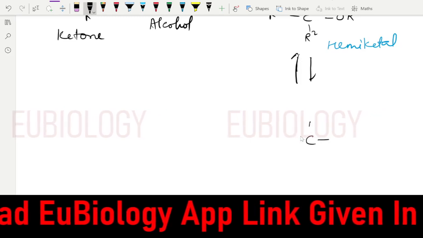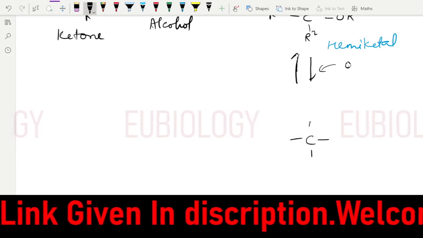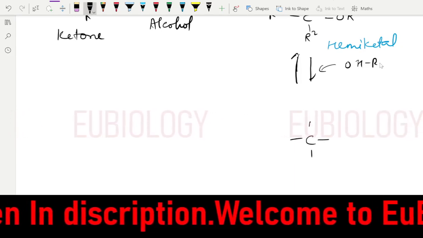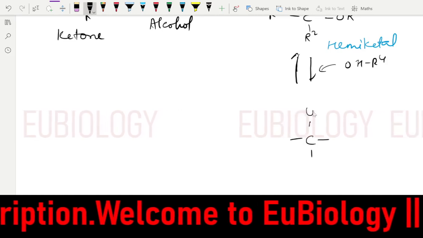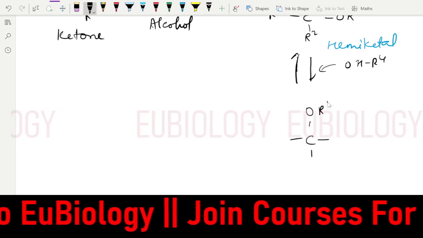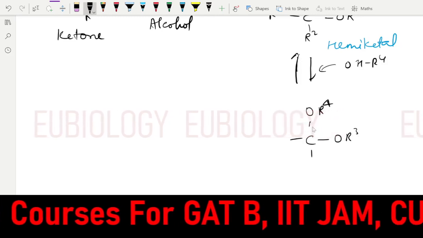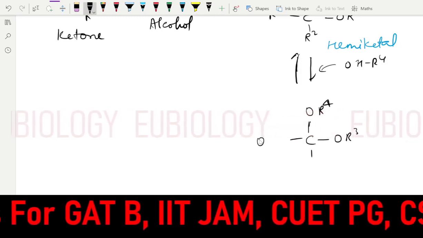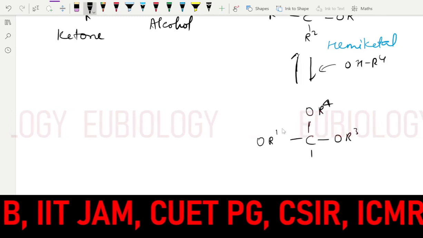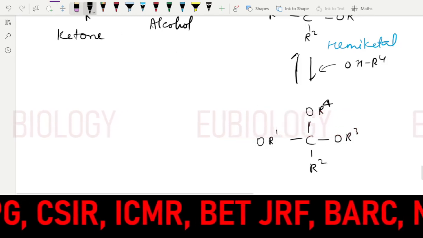Okay. For that you need again one alcohol. OH R4 you will give now. So you will get OR4, OR3, here R1, not OR. Here you will get the R2. It is already there from the beginning.